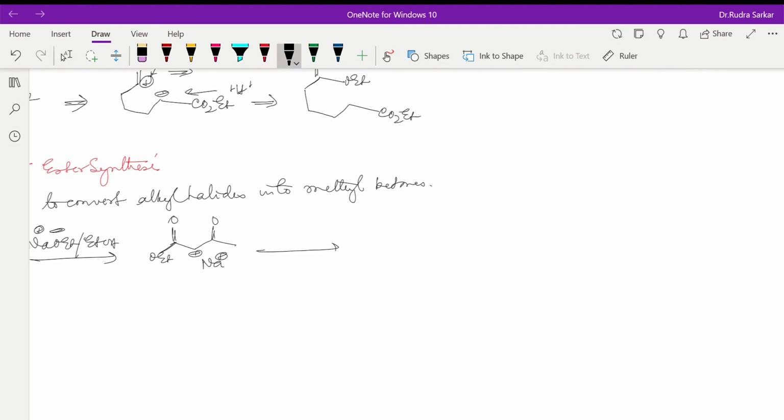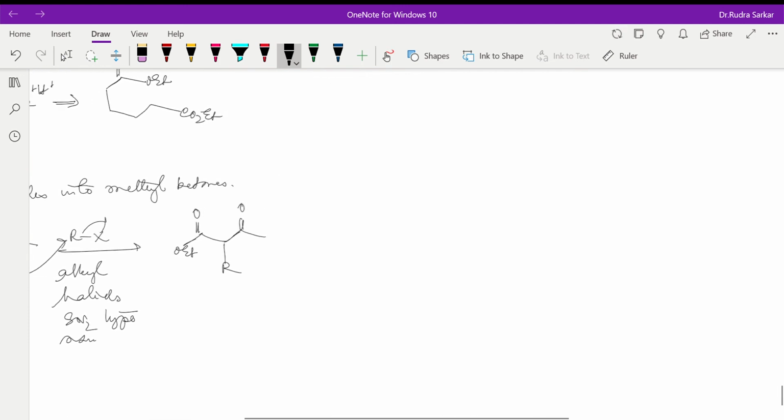Okay, now if such a molecule is treated with something like RX, which is an alkyl halide, these alkyl halides can undergo an SN2 type reaction, and we can get an R attached over here.